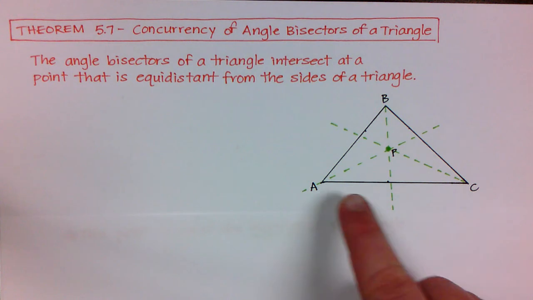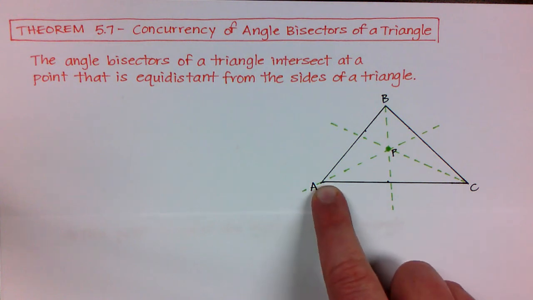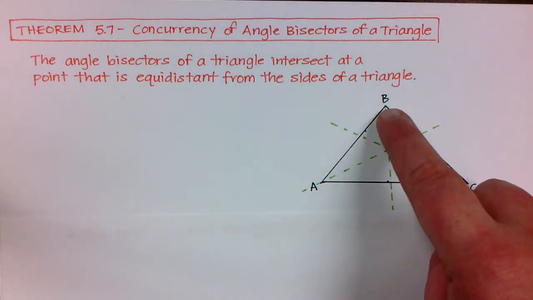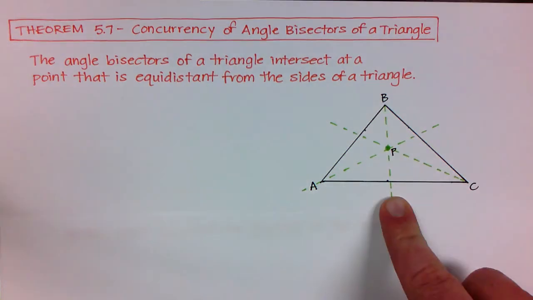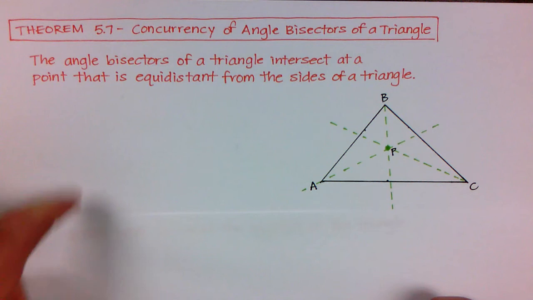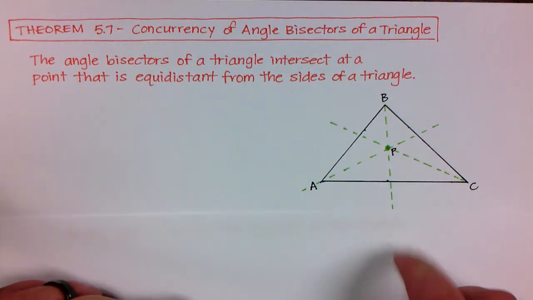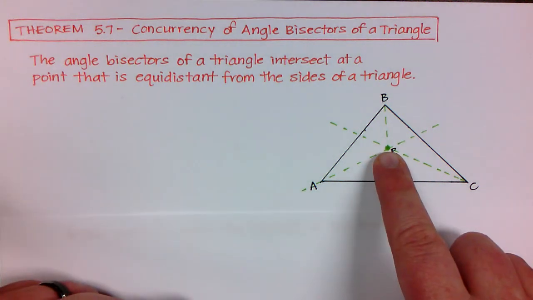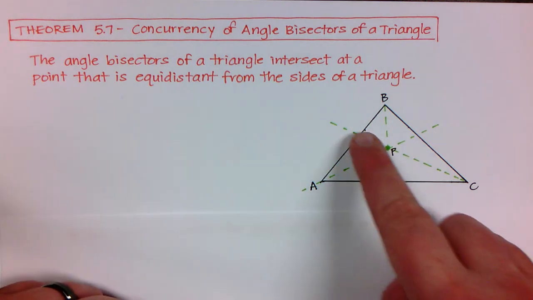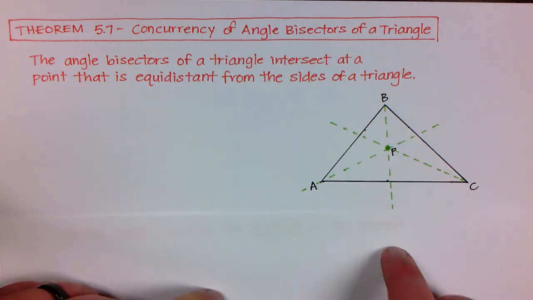Okay, so this corner right here that's with the vertex A, I drew an angle bisector, so it's cutting that in half. And at B, I drew an angle bisector. And then at C, I also drew an angle bisector. And what it says is that if you have this and they meet at a point P, you're going to be able to find that this point P is equidistant from all three of those sides.